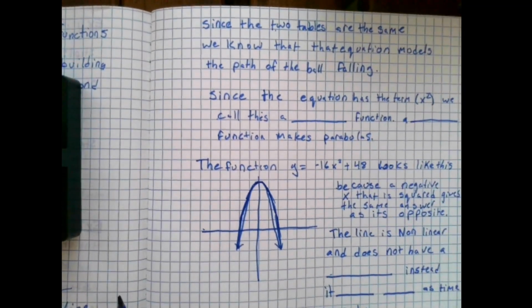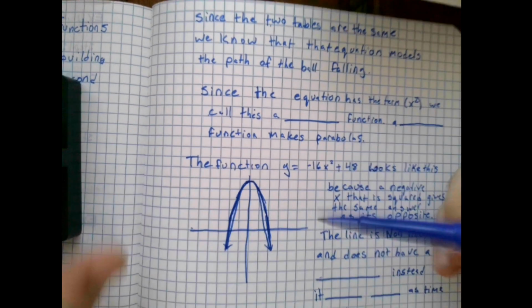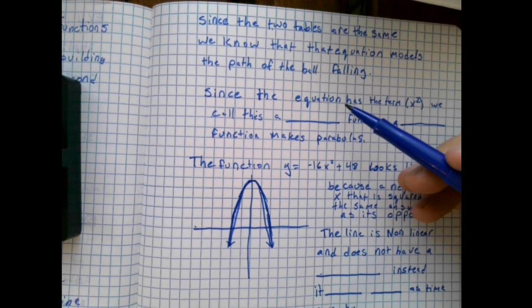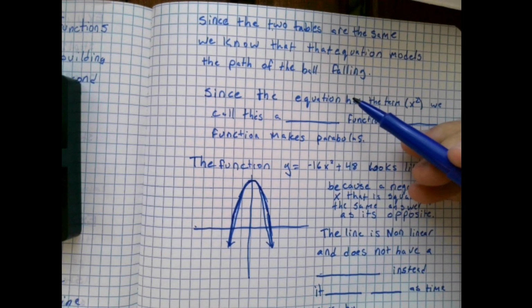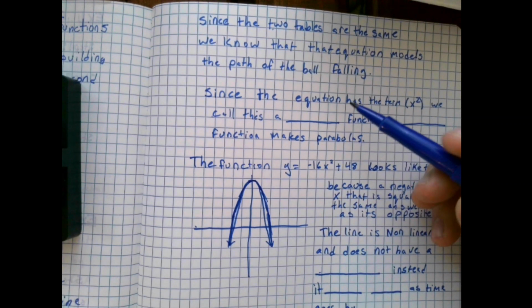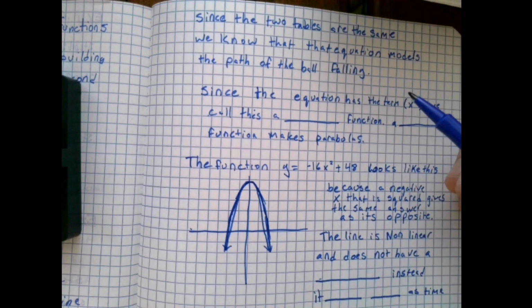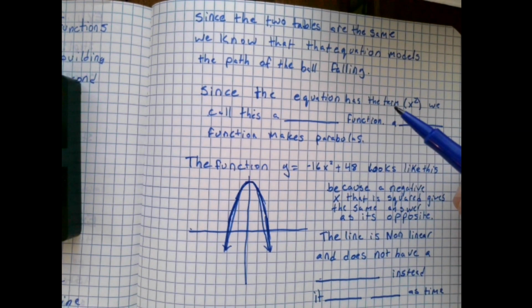Now, since those two tables are the same, what we say is that that equation, y equals negative 16x squared plus 48, models the path of the ball falling. And in a perfect world, any object that was thrown off of a building would fall at that rate, that y equals negative 16x squared plus 48 rate.